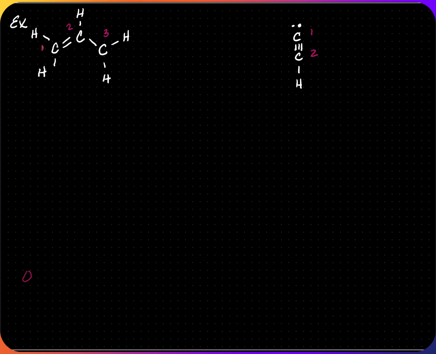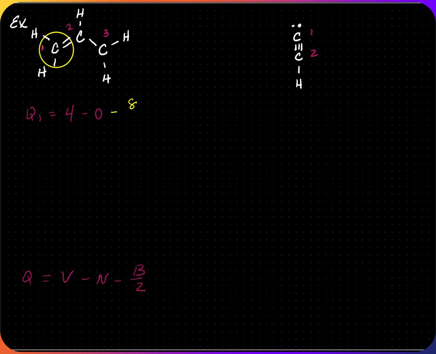The formula is Q, formal charge, is equal to valence electrons minus the lone electrons or non-bonded electrons minus the bonded electrons divided by 2. So the Q of 1 is going to equal, it has 4 valence electrons, it has no lone electrons, and it has 8 bonded.